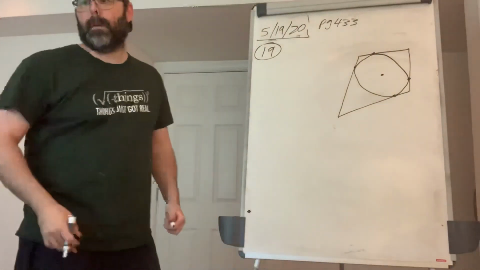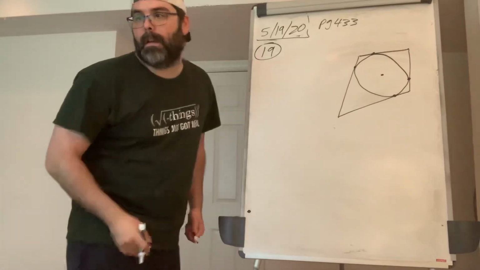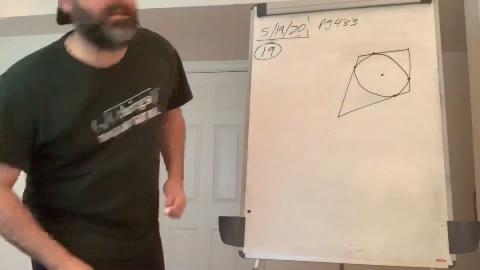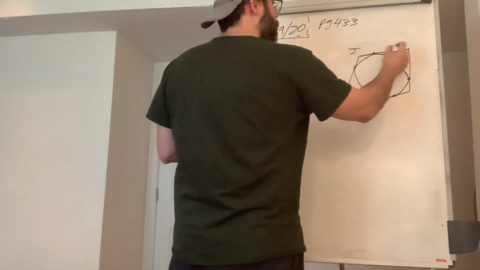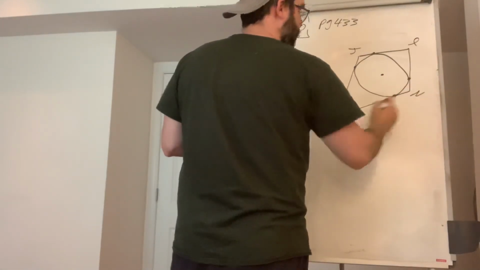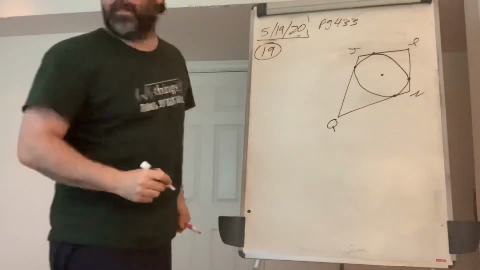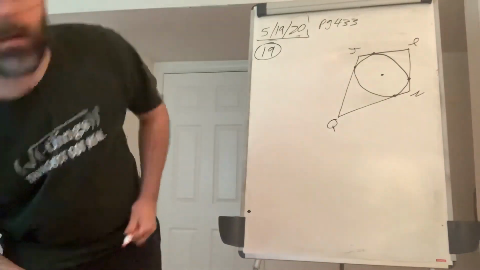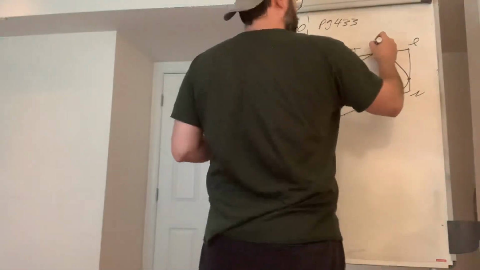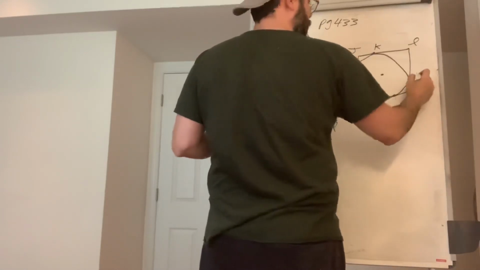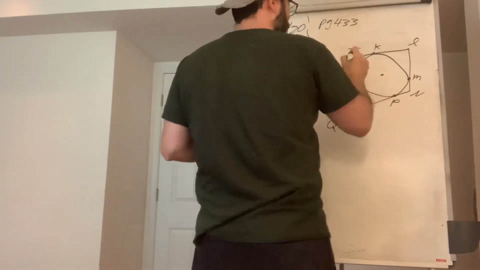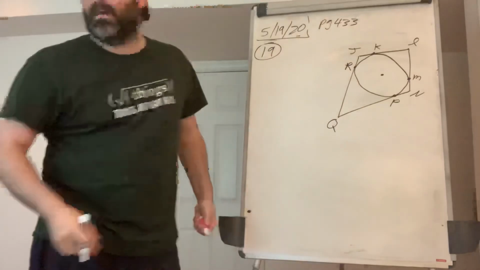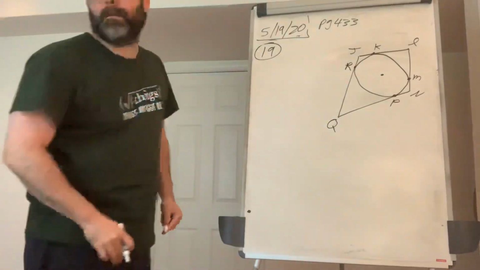There we go, that's better. J, L, and Q. And then K, M, P, R. And our job is to find the perimeter.